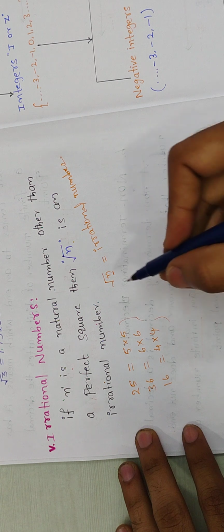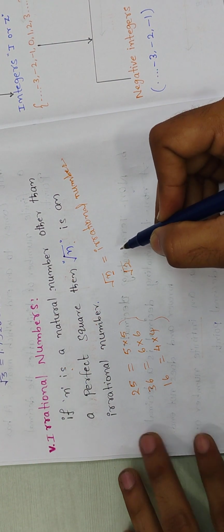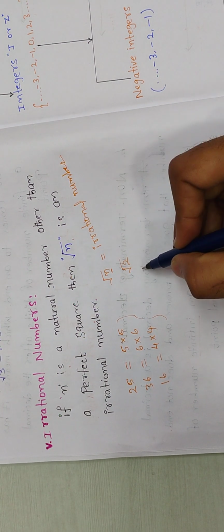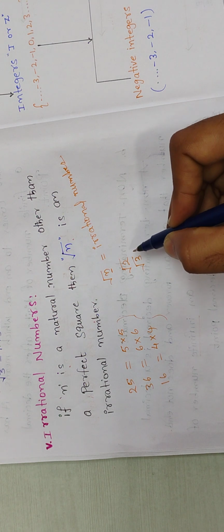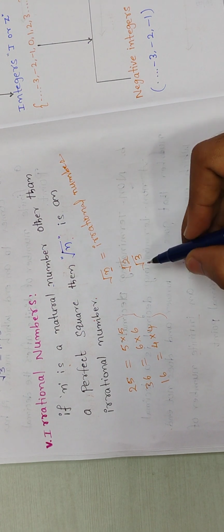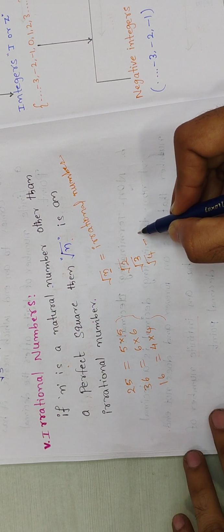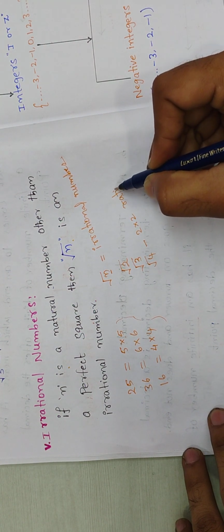Okay, for example, root 2. For root 2, is there any perfect square? No. So root 2 is an irrational number. Root 3 is also an irrational number only. Root 4 you can write as 2, it is a perfect square, so it is a rational number.